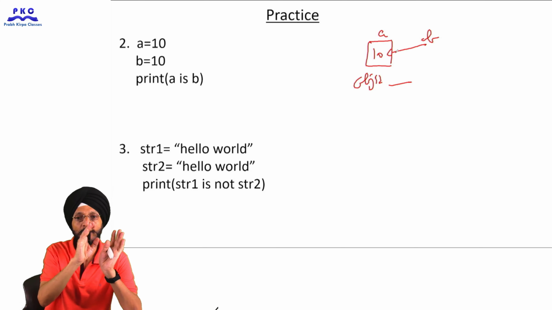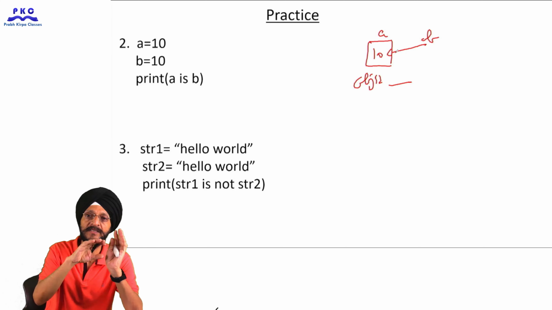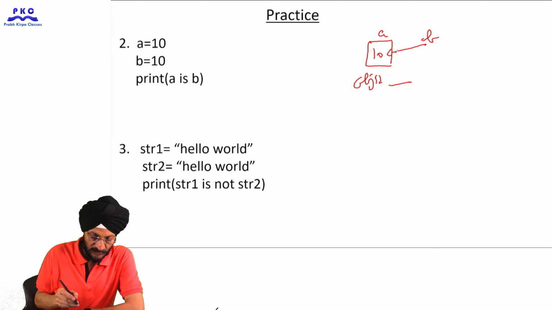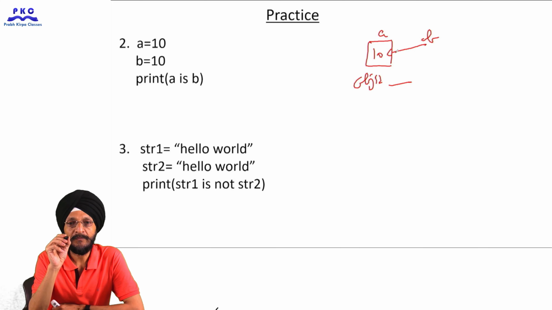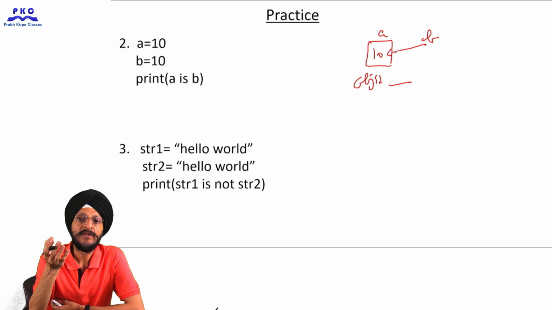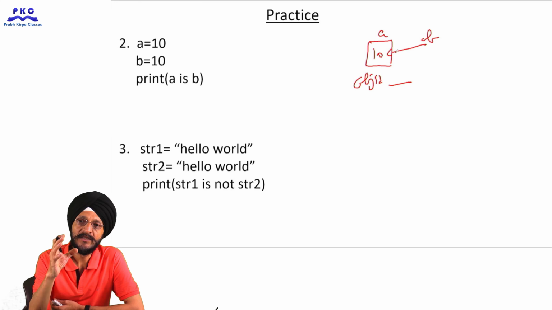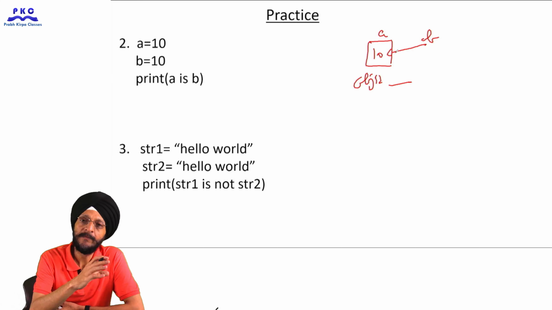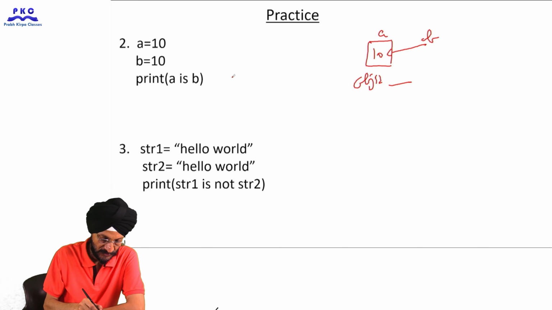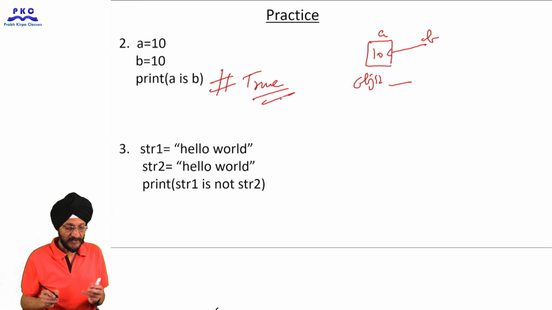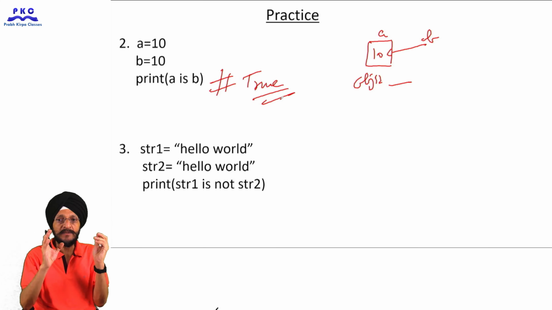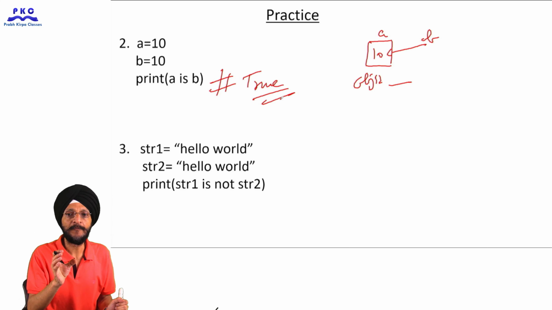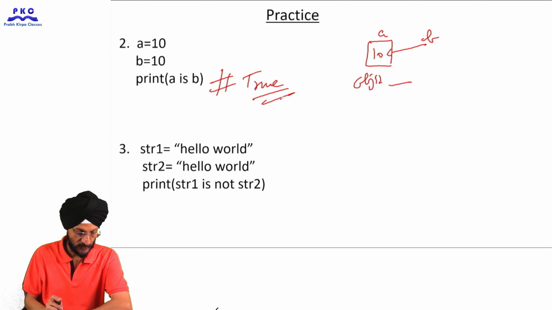That is, the memory address of both the variables will be the same, object IDs will be the same. To conserve memory and to improve performance, the memory manager allocates the same memory address, the same memory location, to both the variables. So our answer is True. In the case of Python, small integers are allocated the same memory address if they have the same value.